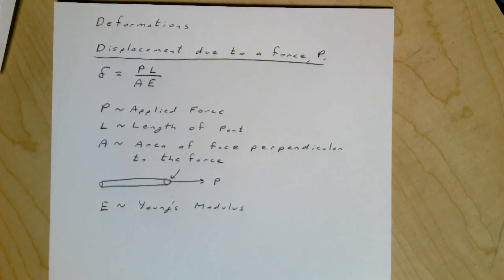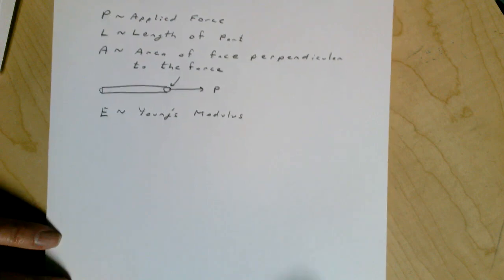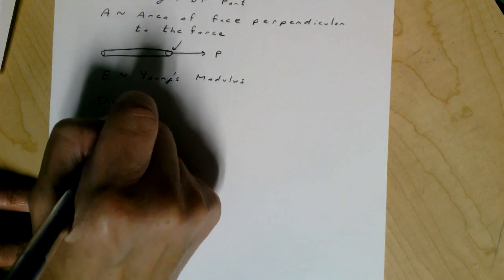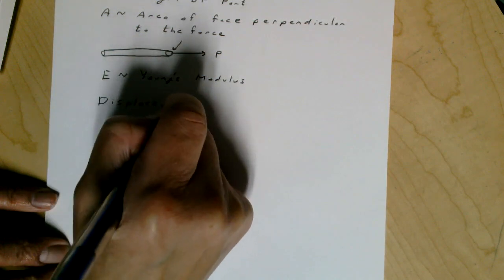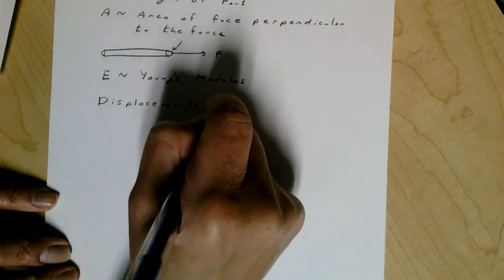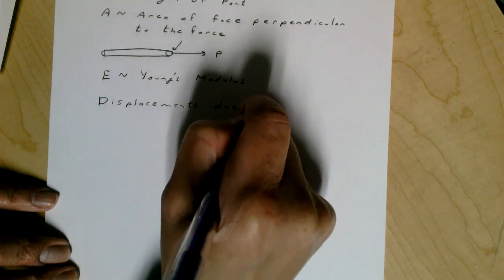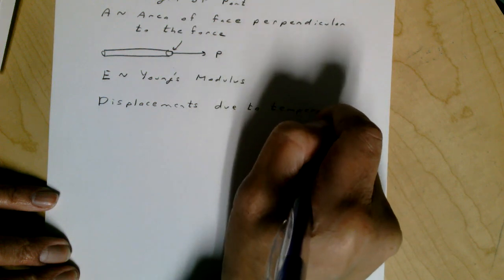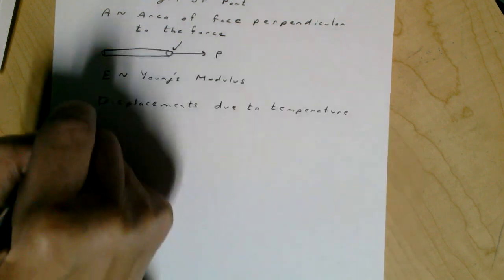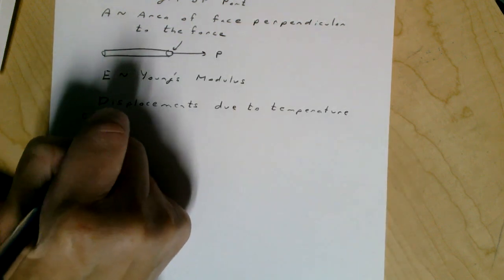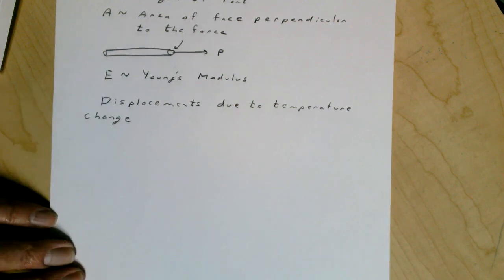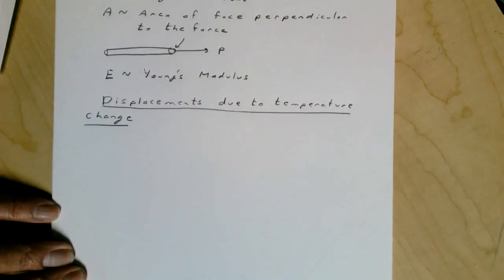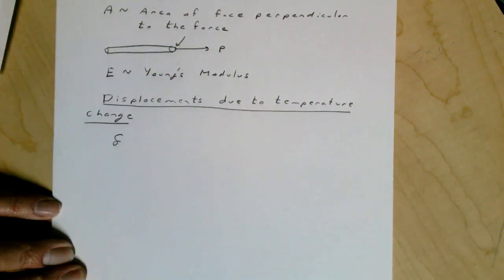Then we also can have displacements due to temperature change. That equation is given once again by delta.